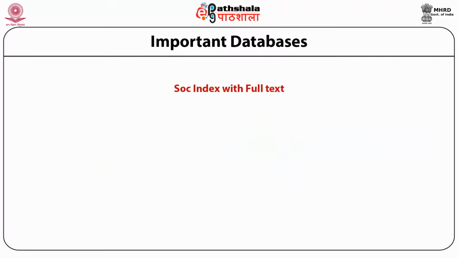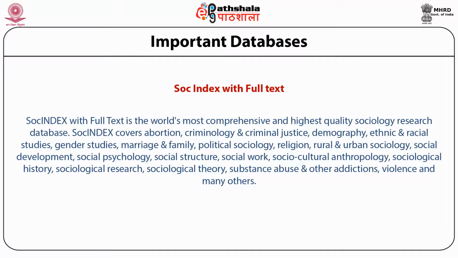SOC Index with full text. SOC Index with full text is the world's most comprehensive and highest quality sociology research database. SOC Index covers abortion, criminology and criminal justice, demography, ethnic and racial studies, gender studies, marriage and family, political sociology, religion, rural and urban sociology, social development, social psychology, social structure, social work, sociocultural anthropology, sociological history and sociological research, sociological theory, substance abuse and other addiction, violence and many others.